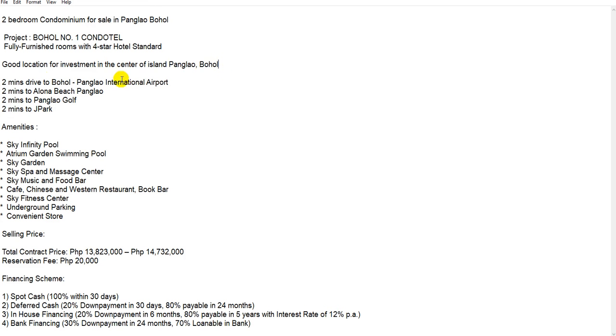So that's why you need to talk about the details of Panglao, Bohol, the proximities, the important establishments near the project, for example, the international airport, the golf course, G Park Resort Hotel, maybe hospital, much better to include the hospitals, schools if ever, and super mall or grocery store.